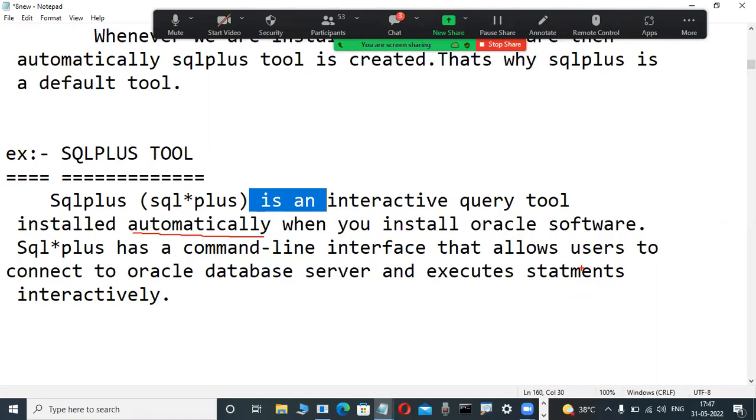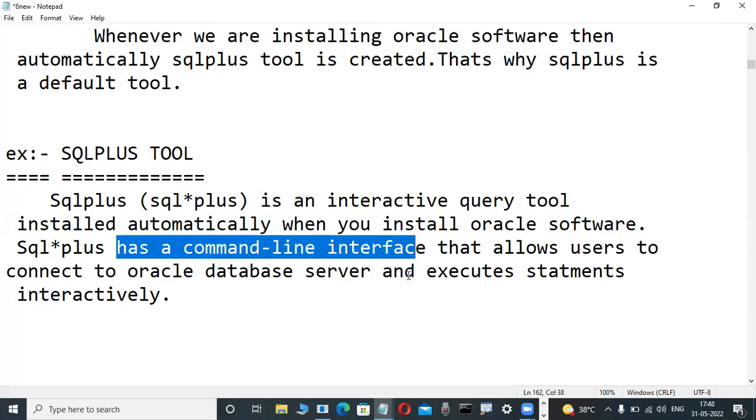Automatically, underline it. Everyone, underline automatically. Okay. Next, write it, the last one.